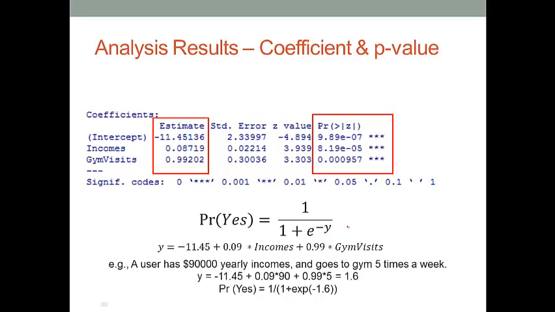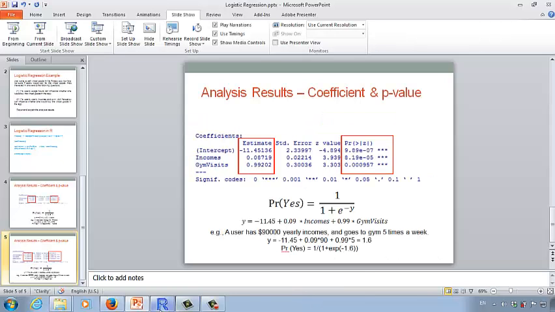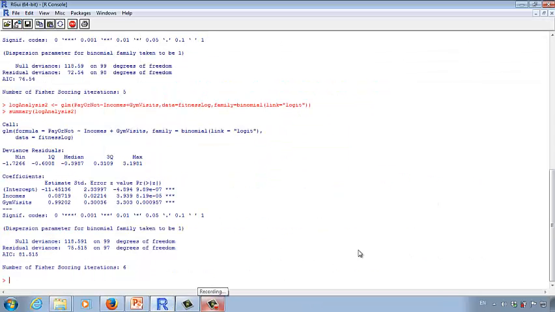Some classmates may have a question about the probability calculation. How can we calculate this value, probability, in the R software? Notice that in R, E is represented by EXP. So let's take a look at this example in R. Now I already get the value for y is 1.6, right? Now I want to calculate the probability.